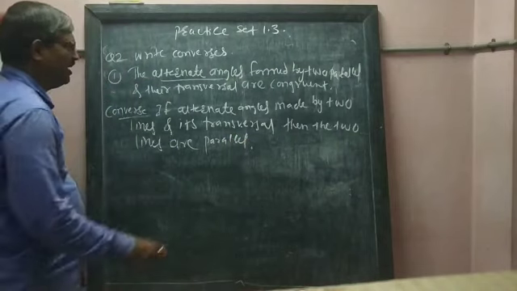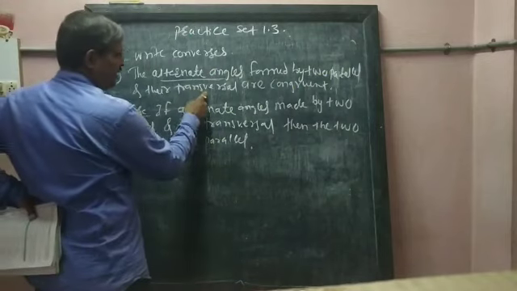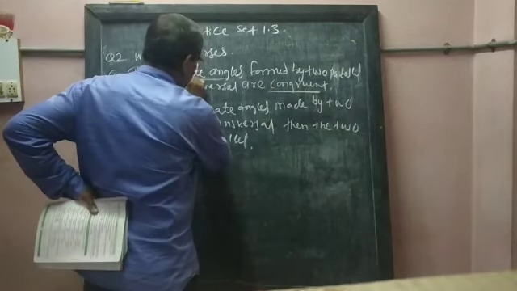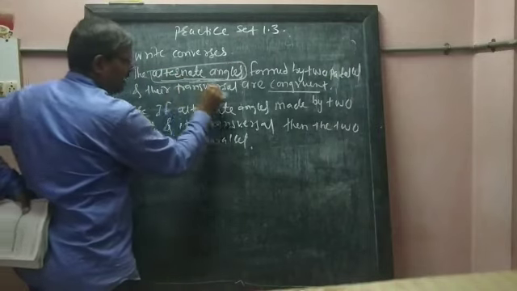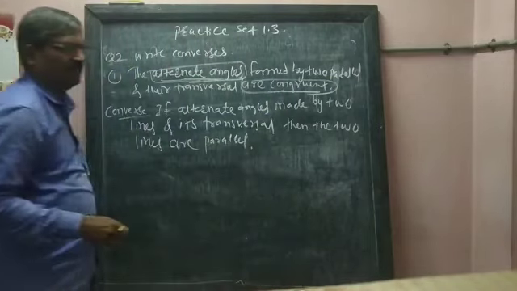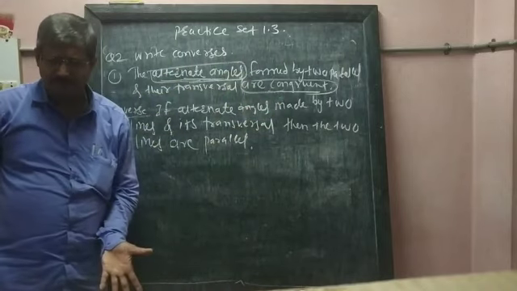Yes, the original says the alternate angles formed by two parallel lines and the transversal are congruent. Means if alternate angles are congruent, what is the main thing? The alternate angles are congruent. Understand? The alternate angles are congruent, then two lines are parallel.